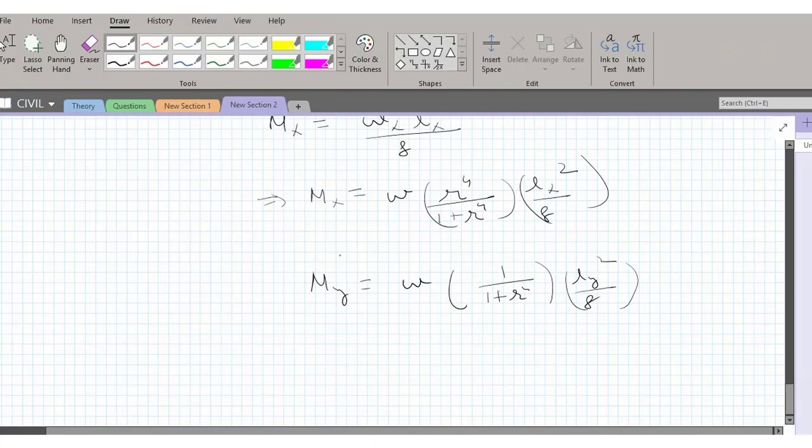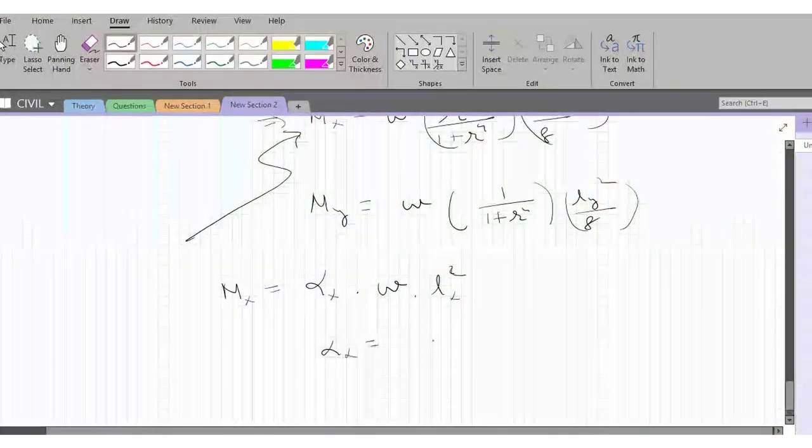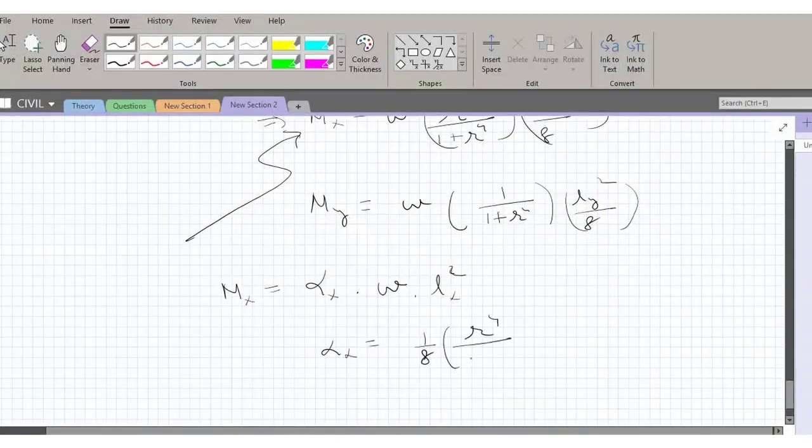Now here you see this Mx, I can write in this particular fashion: Mx equal to alpha x into W into Lx square. So what is alpha x? Alpha x will be 1 by 8 into R to the power of 4 divided by 1 plus R to the power of 4.